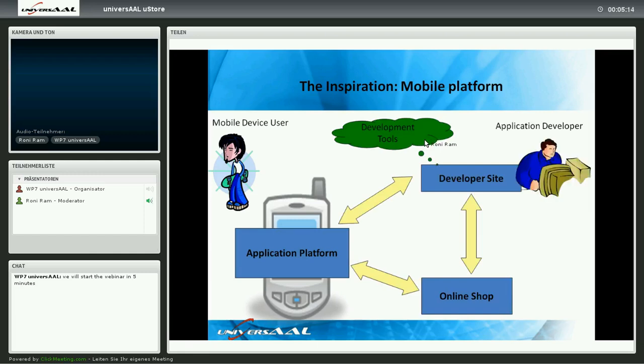The application developer develops an application for this mobile phone, and when the application is ready, he uploads it to the online shop. The user can then search the store and find the applications that he likes. He can download the applications directly to his mobile phone and start using them.